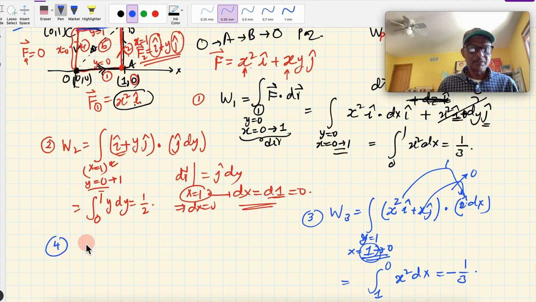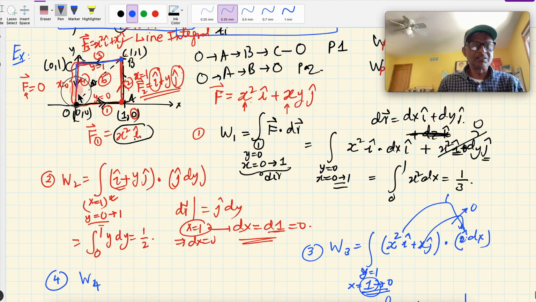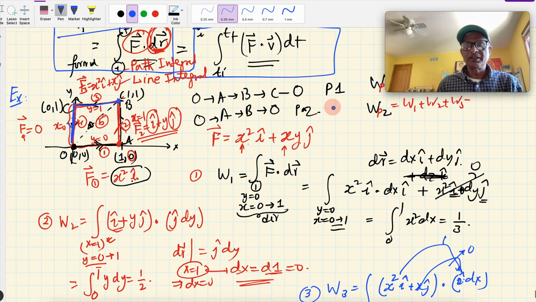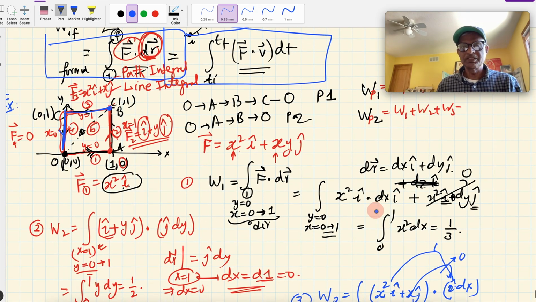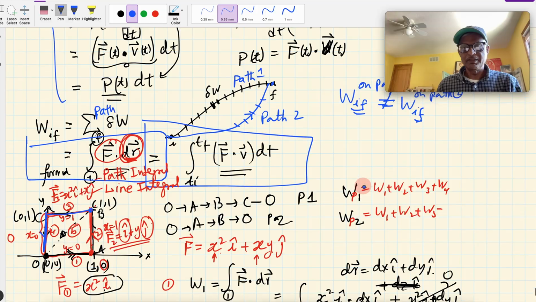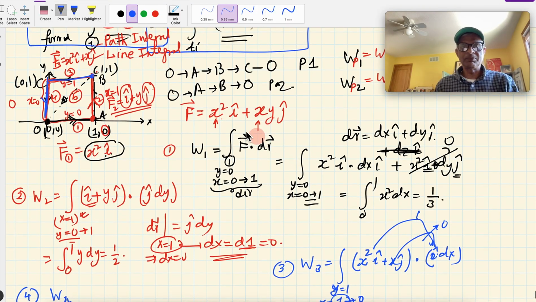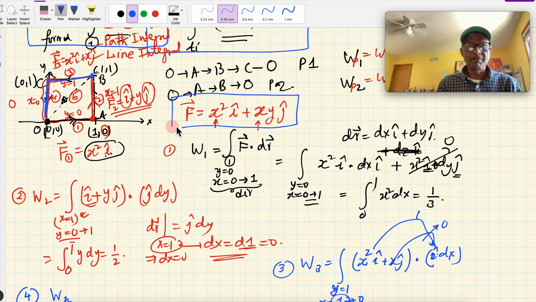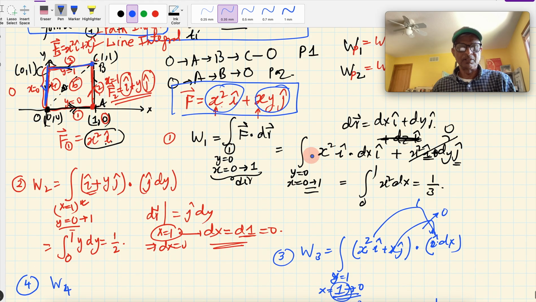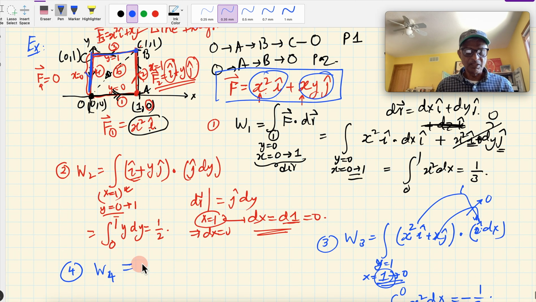And W4, we already know the force here is 0 because y is 0, x is 0. When x is 0, this goes to 0, and this goes to 0. So when force is 0, this is 0.